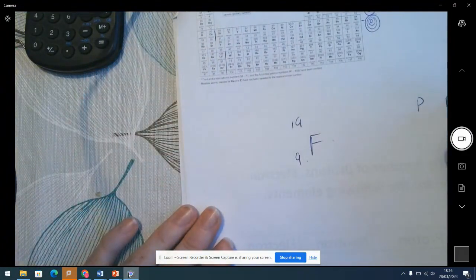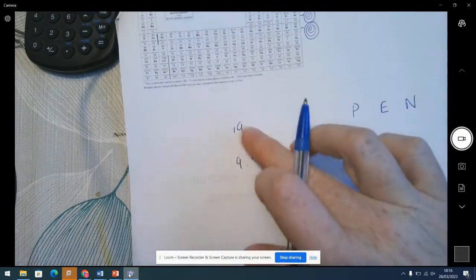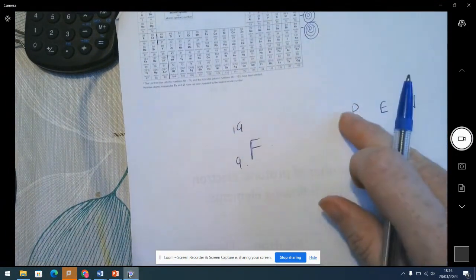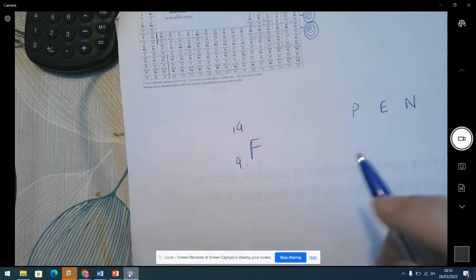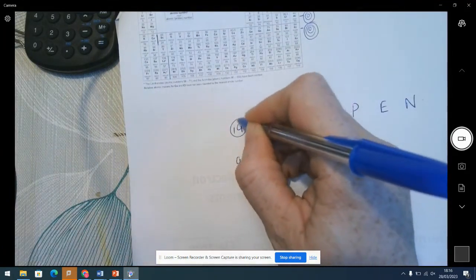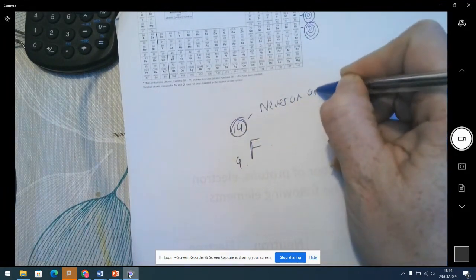Now we've talked about protons, electrons, and neutrons. And if you remember, we said that actually these two numbers can tell us the number of protons, electrons, and neutrons that atoms have. The first thing I will say is the top number is never an answer.